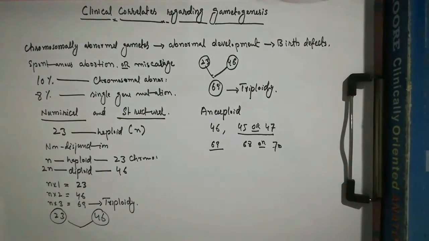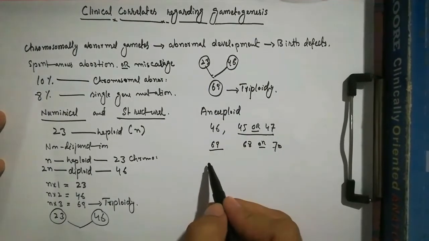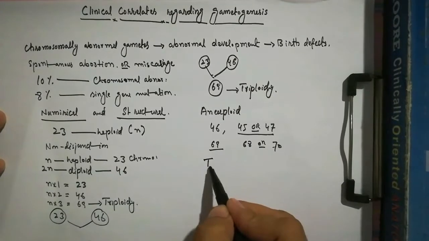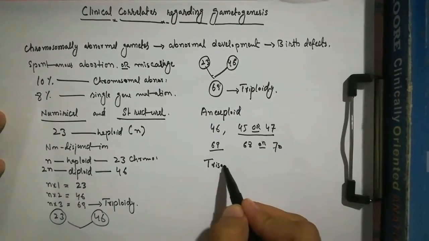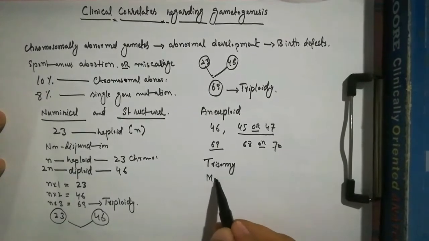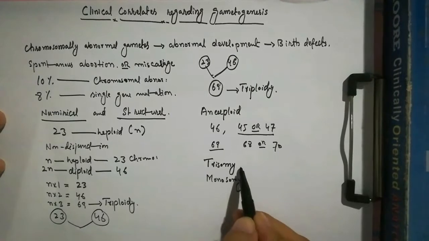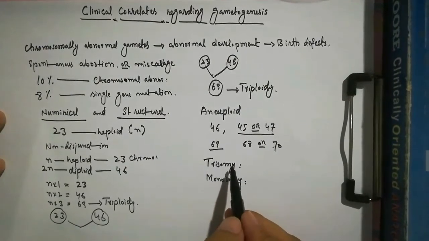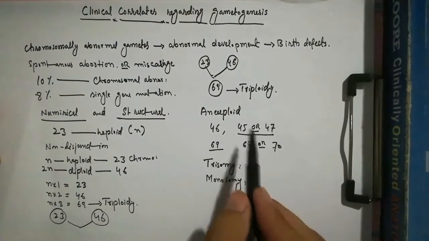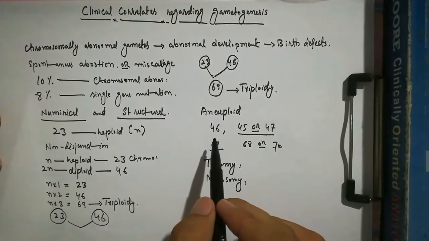There are two types of aneuploid: number 1, trisomy, and monosomy. Trisomy is when the aneuploid number is more than euploid.